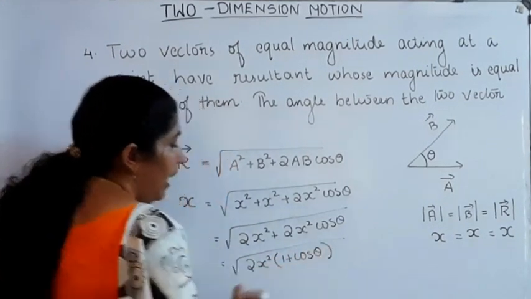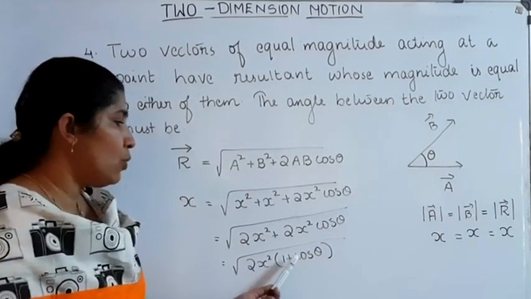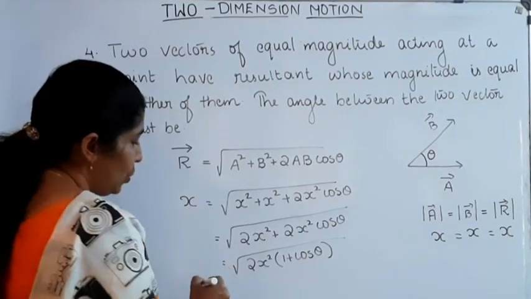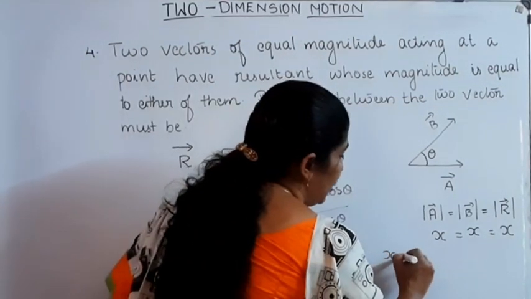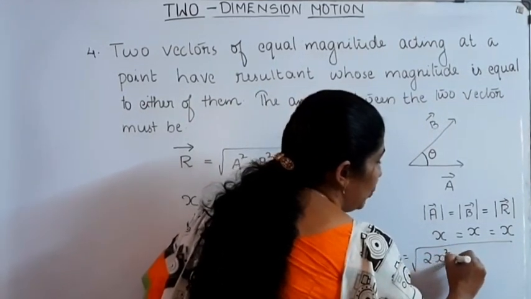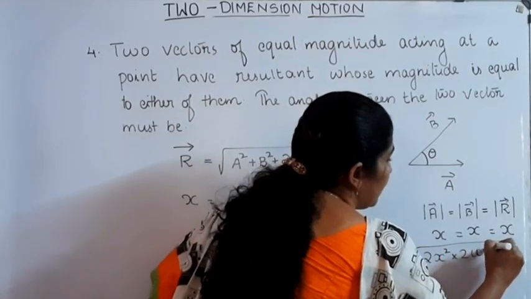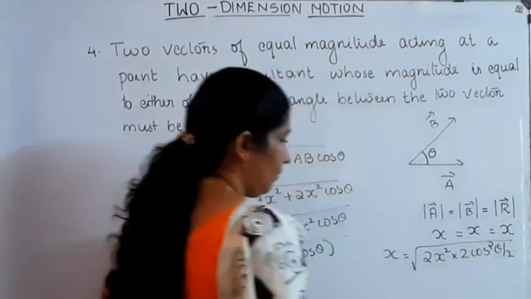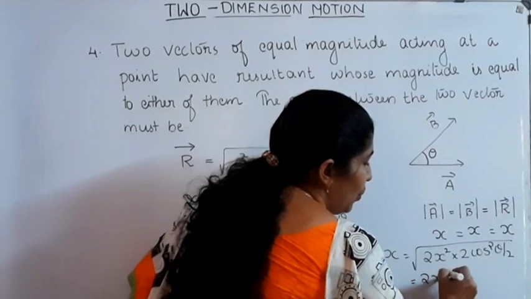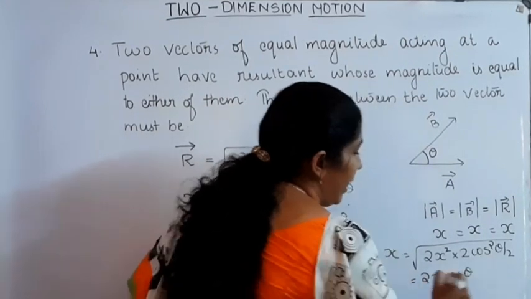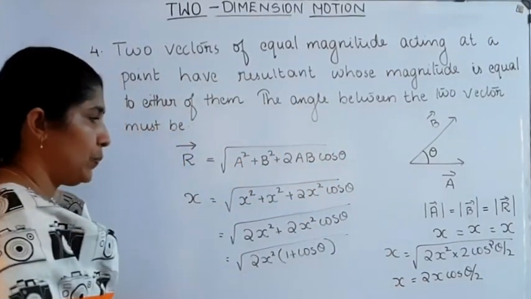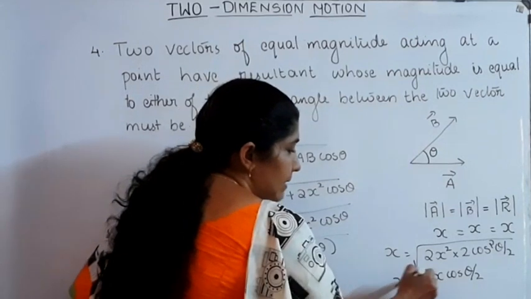Okay. What about 1 plus cos theta? 1 plus cos theta is equal to 2 cos square theta by 2. So, x is equal to root of 2x square into 2 cos square theta by 2. Okay. From this result, we can write x is equal to 2x cos theta by 2. Then x gets cancelled.